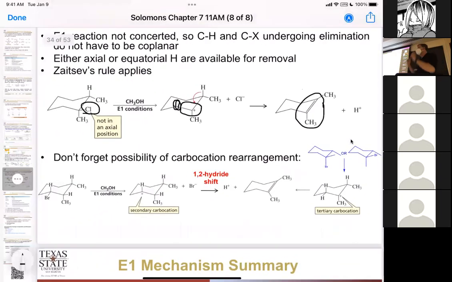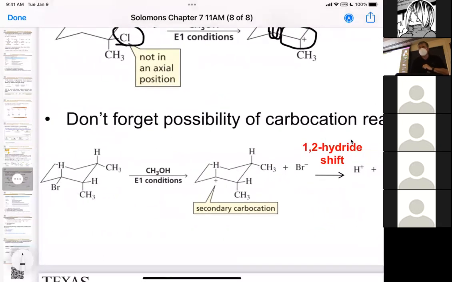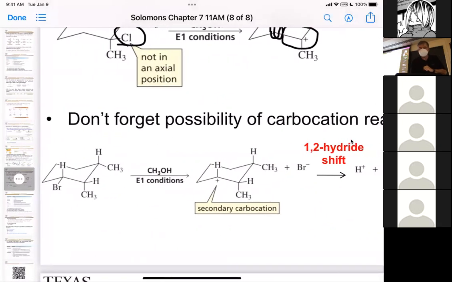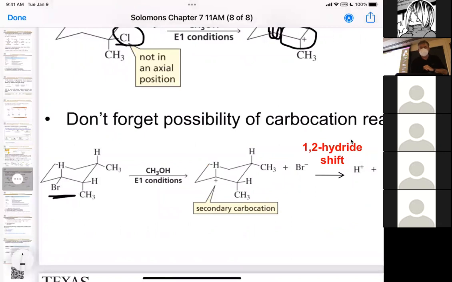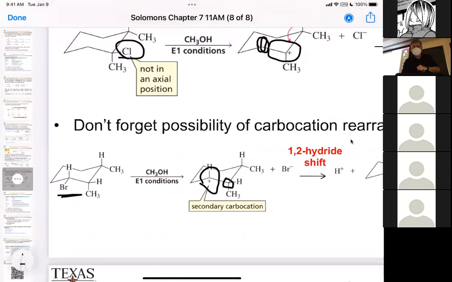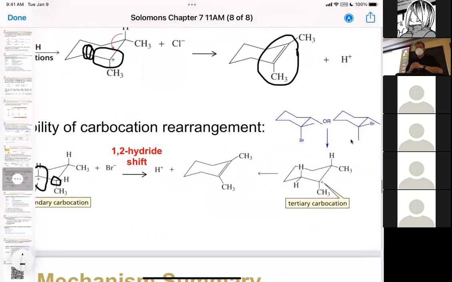Okay, but don't forget about rearrangements. In this case here, we had the bromine over here on a secondary carbon. And when we form the carbocation, it's going to do a 1,2 hydride shift to give us our tertiary carbocation. And actually, it turns out it's going to end up giving us the same product that the 2-chloro was giving us.